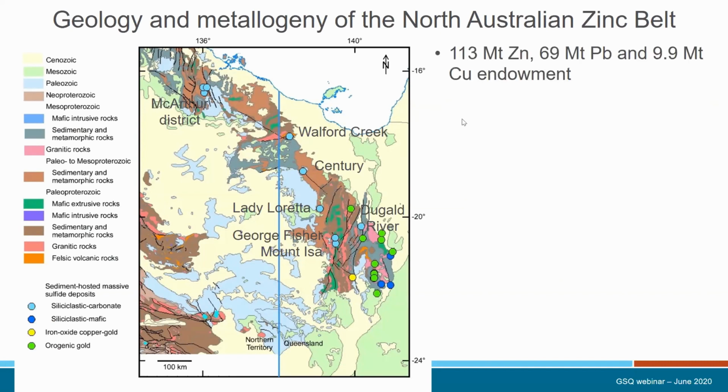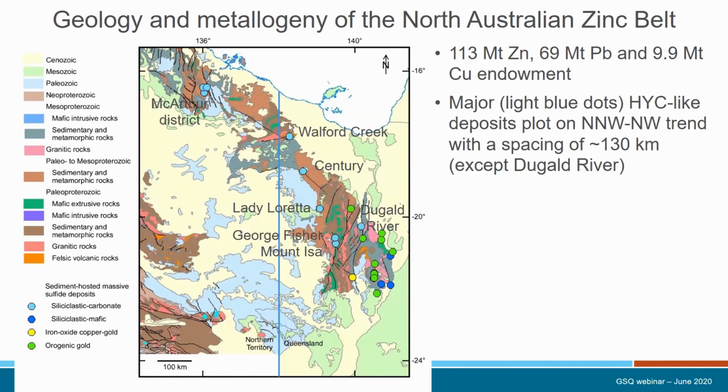And why do we do that? Well, there's 113 million tons of zinc, 69 million tons of lead, and 9.9 million tons of copper endowment. And 69 million tons is approximately a quarter of the world's total supply of lead. So it's a very major metallogenic province.